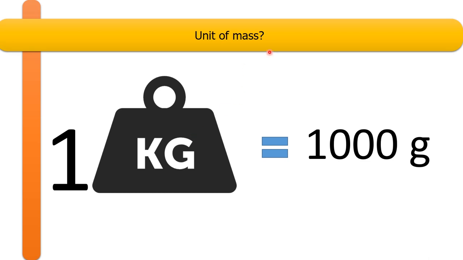But the mass is measured in kilogram, which is equal to 1000 G or 1000 gram. So the international unit of the mass is kilogram, which is equal to 1000 gram.